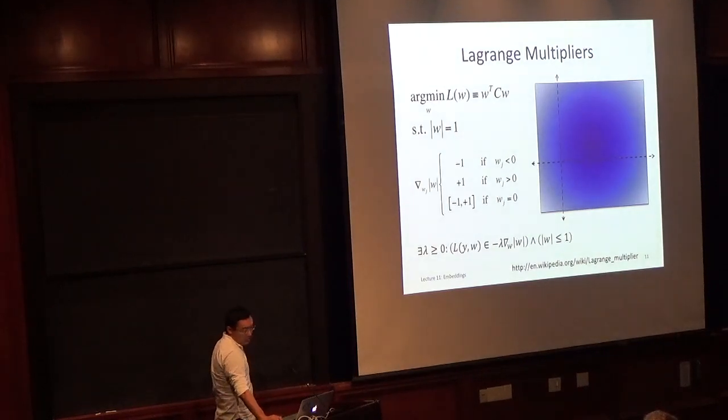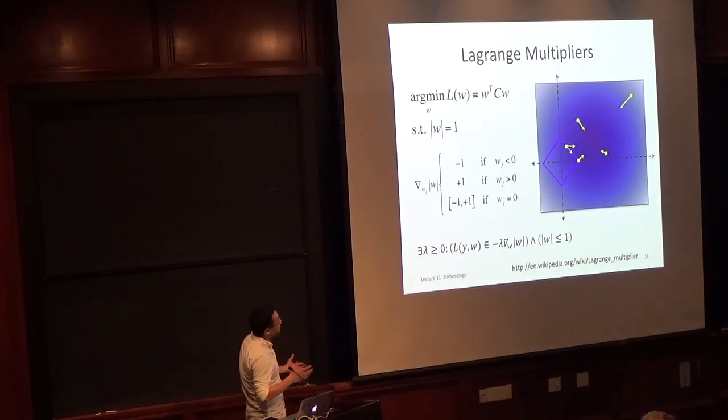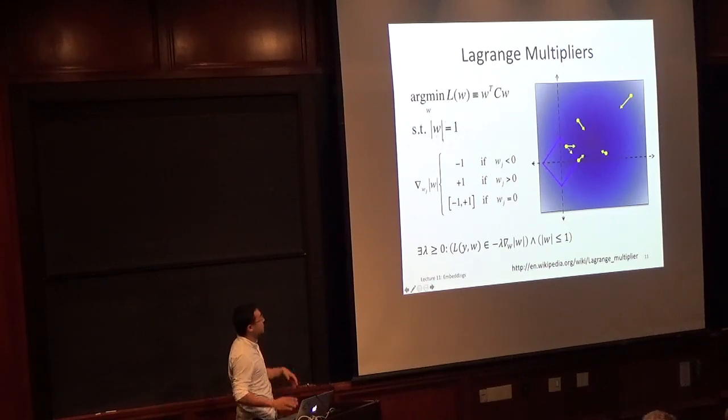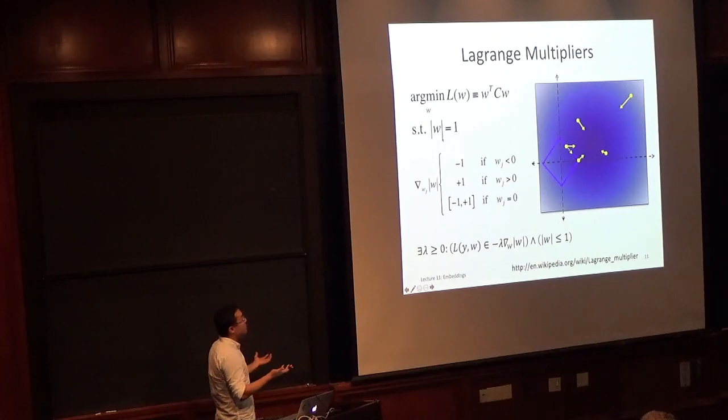We can learn this W by appealing to Lagrange multipliers. This is just a review of Lagrange multipliers. Enforcing the W's to sum to 1 is similar to forcing the L1 norm of the W's to sum to 1, which defines a constraint set of where the W's can lie.